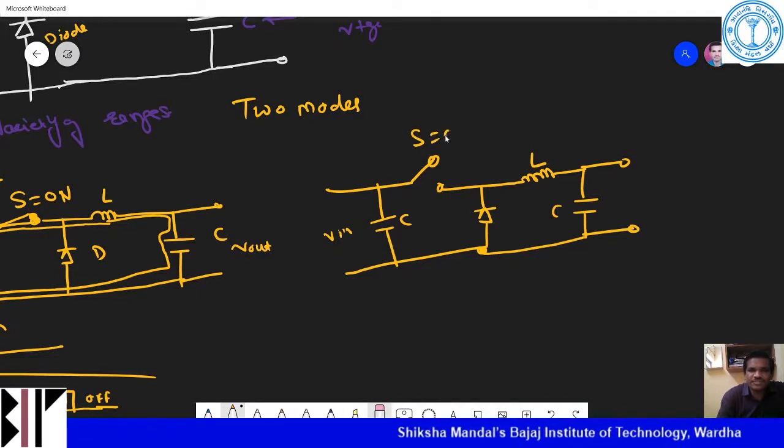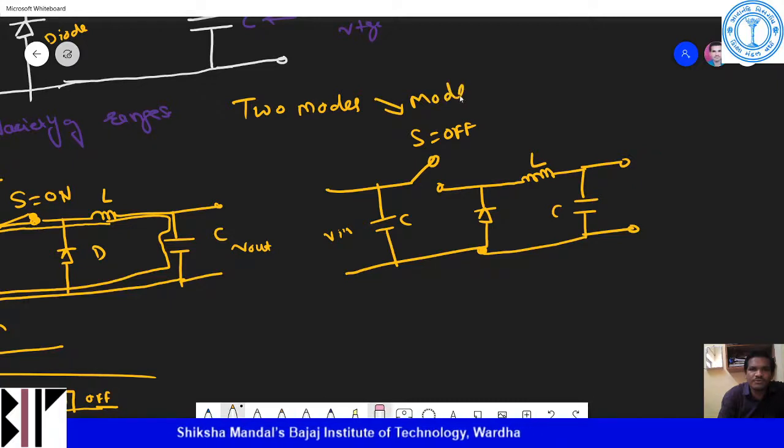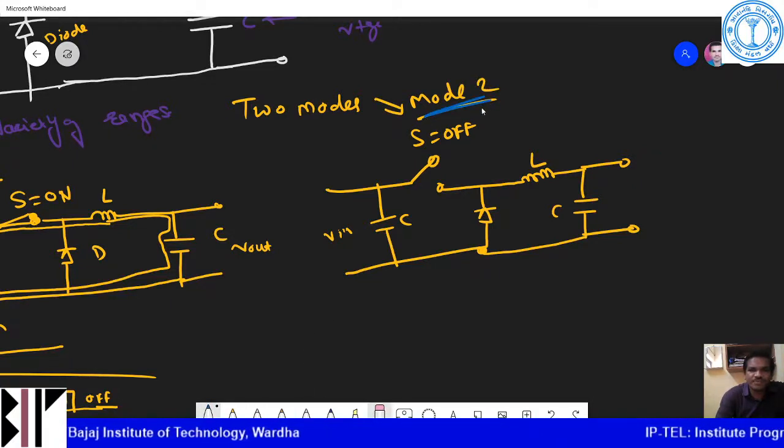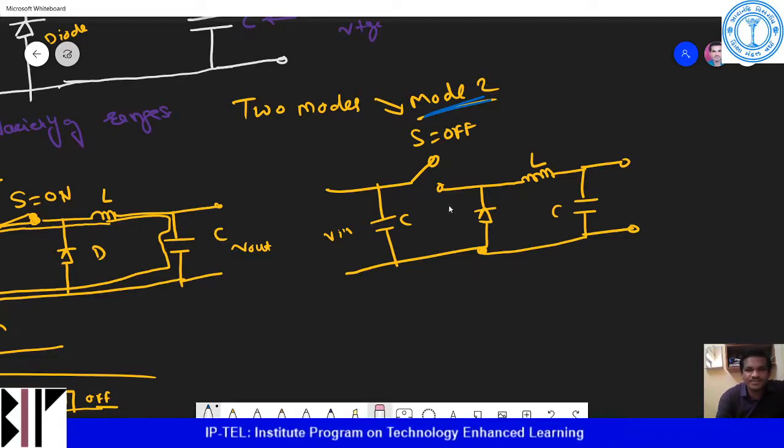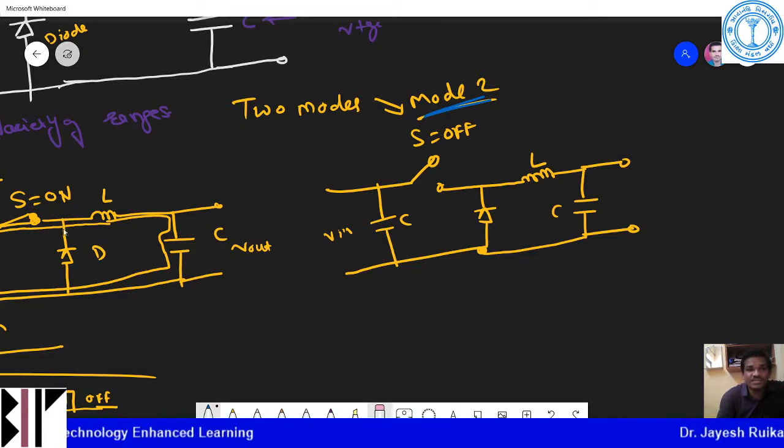So your switch is off. That is my mode 2 of operation. If my switch is off, there is no flow of current in this circuit because this is an open circuit. But in the earlier case the switch was on, so current was passed.